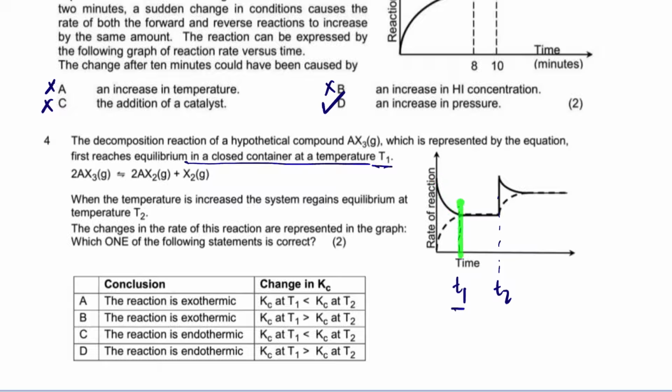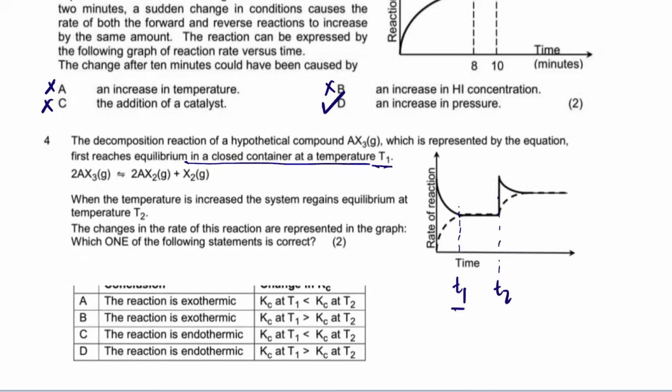So at T1, the rates of forward and reverse are equivalent. But at T2, when the temperature is increased, if you see here, the forward reaction is favored, right? So if the forward reaction is favored, that means the products are increasing. That means the Kc increases. Let me write it.